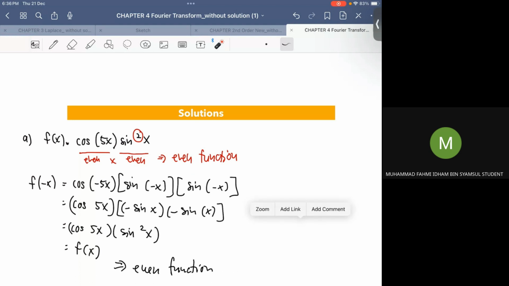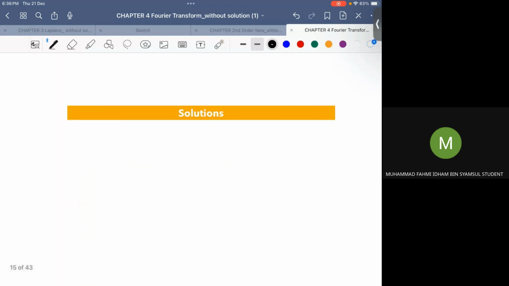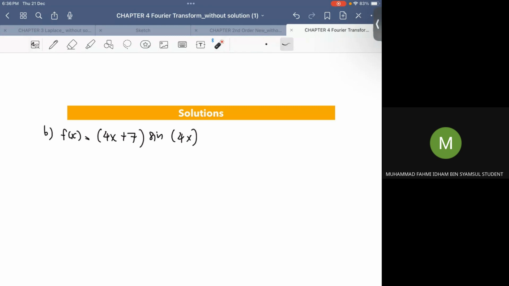All right, let's try B. So B is f(x) equal to (4x plus 7) sine 4x. First we determine the function 4x plus 7. Let's say this one is f1 equal to 4x plus 7.